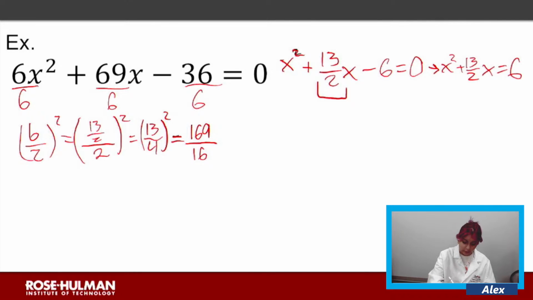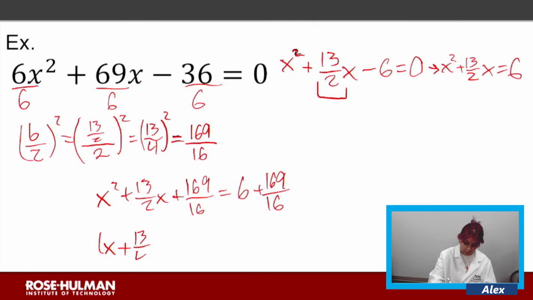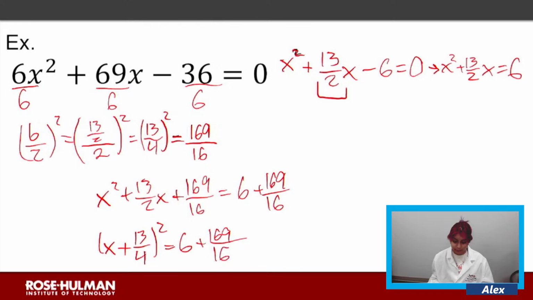Add this to both sides of the equation. Equals 6 plus 169 over 16. And this gives us x plus 13 over 4 squared equals 6 plus 169 over 16.